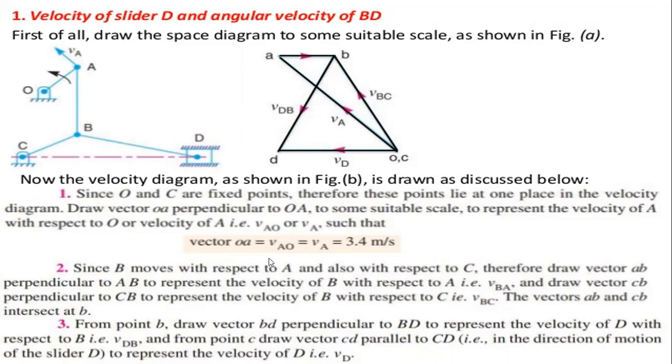Therefore, the velocity of A, by measurement, we have got as 3.4 meters per second.